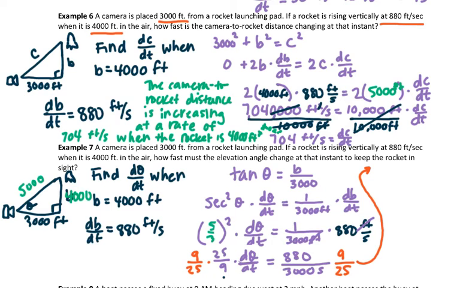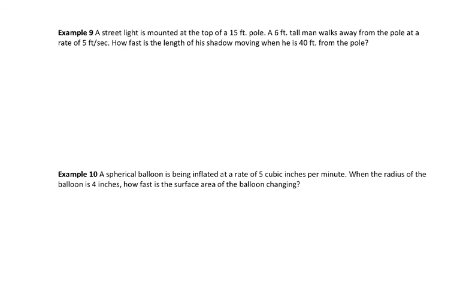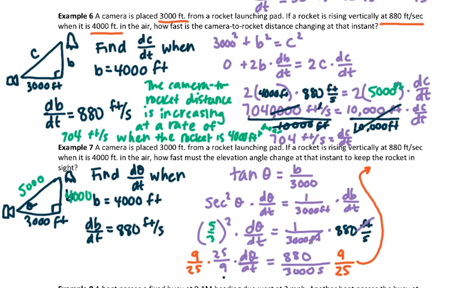finally having, these will cancel out and leave us with d theta dt, what we were trying to solve for. And then this nastiness all simplifies to 66 over 625, and it's going to be radians per second.